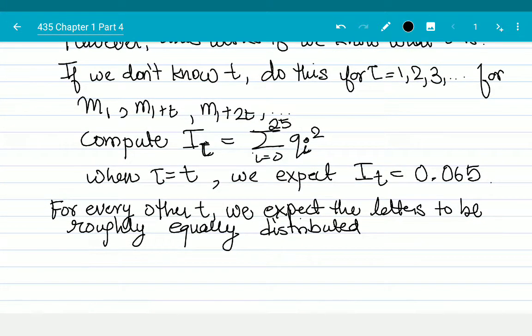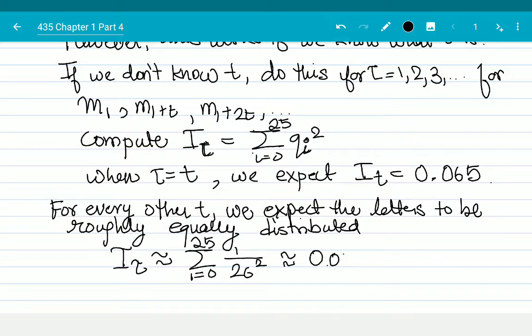Which is to say, I(τ) is roughly equal to the summation from i equals 0 to 25 of (1/26)², which is roughly equal to 0.038.